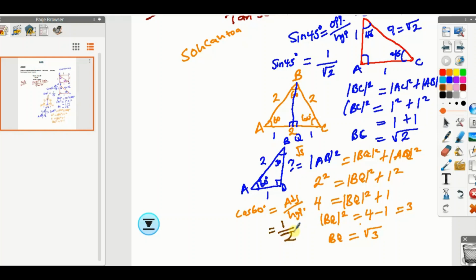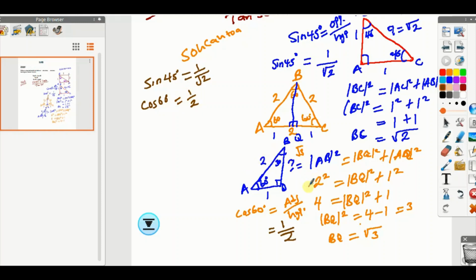AB is the hypotenuse, which is 2. Now, cos 60 now is 1 over 2. Now, we have our sine 45 degrees to be equal to 1 over square root of 2. Cos 60 degrees will be equal to 1 over 2.